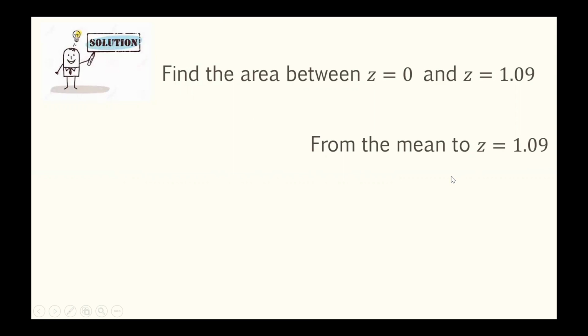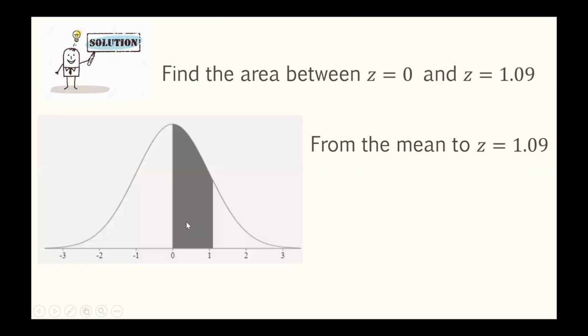If we're going to draw the curve, that is like this. From the mean or from 0 to 1.09, in between, you're going to shade this part. For the symbol, that is P, open parenthesis, we started from 0, less than z, less than 1.09.